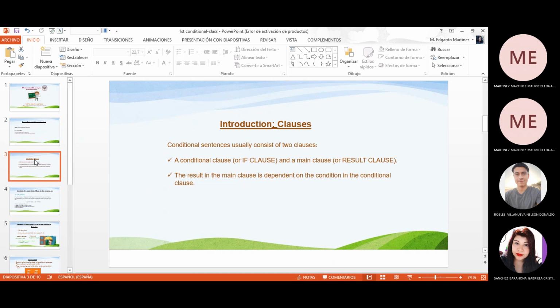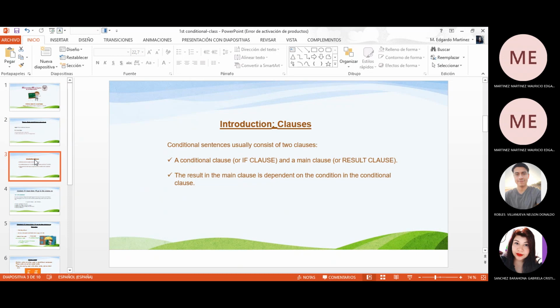Okay, introduction. Conditional sentences usually consist of two clauses: a conditional clause, which is the if clause, and a main clause or result clause. That means the first clause has the action the noun is doing, and then we have the result clause, which is the predicate of the sentence.